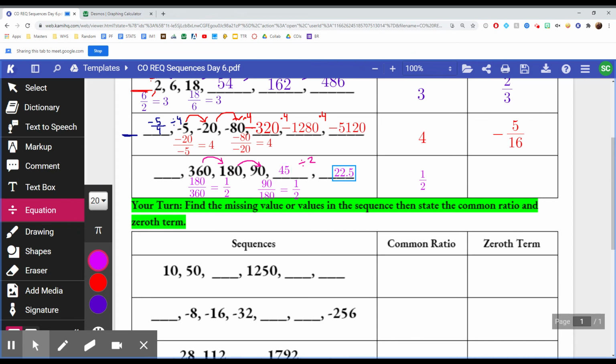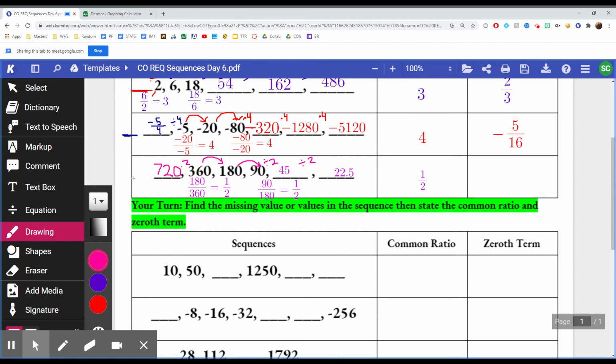Okay, so if we have been dividing, we divide by 2 to find the first term. Since we're finding the number before, we're going to work backwards. So instead of dividing, now we're going to multiply. So 360 multiplied by 2 is going to give me my first term, which happens to be 720.